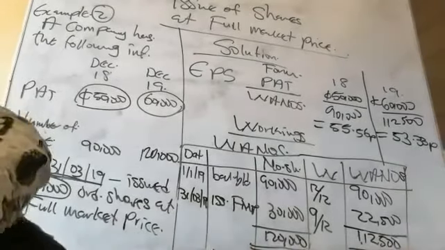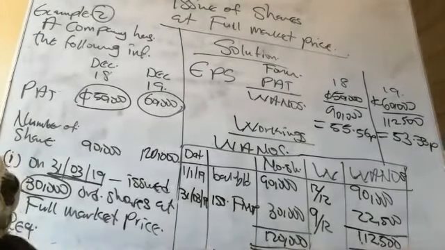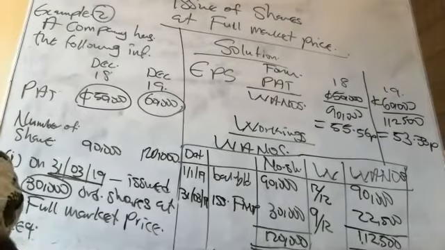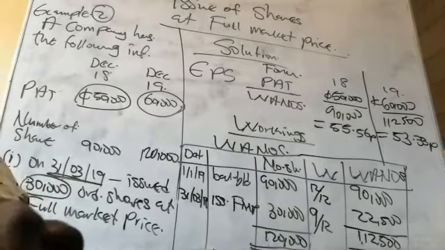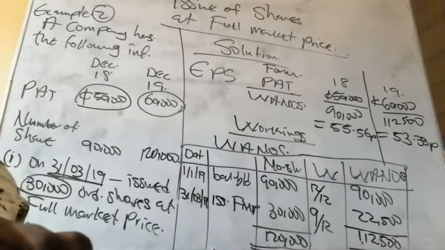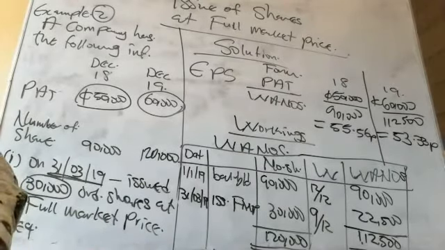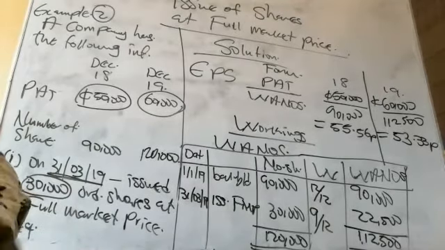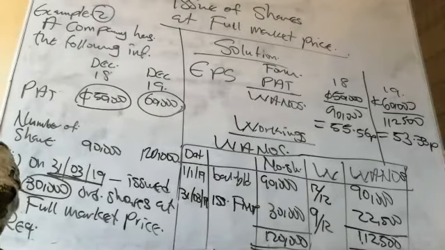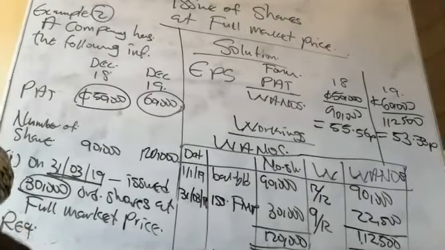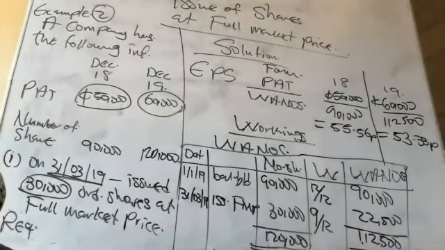I am moving on to bonus shares. Bonus shares are the shares issued for free. We also call it deemed dividend. At the end of the year, the company is supposed to pay or declare dividends, distributing to the owners as a return to the shareholders.